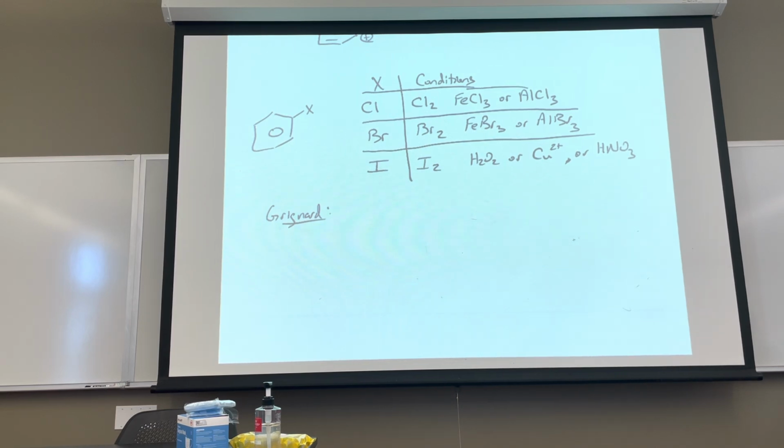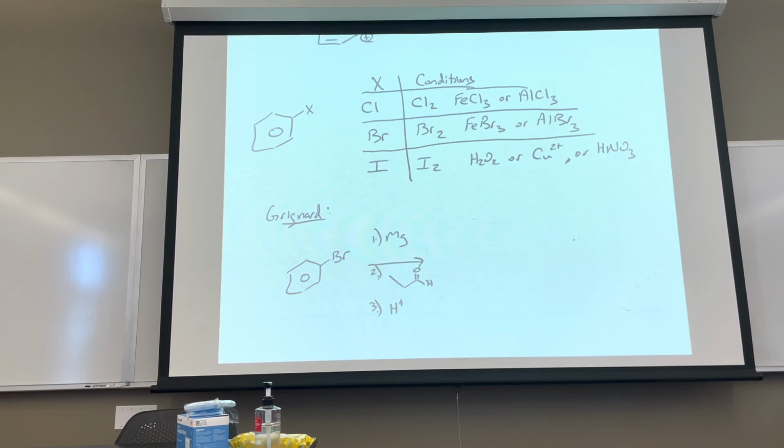So if I wanted to put, say, an alkyl chain on my benzene, you're going to need to have some sort of a halogen on the benzene in order to do a Grignard reaction. So add the magnesium, throw in some carbonyl, whatever it is you're trying to put on the ring, and work up in acid.